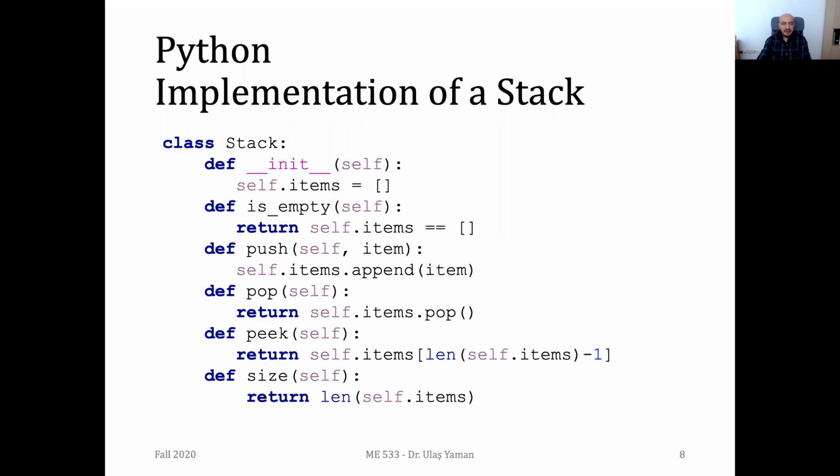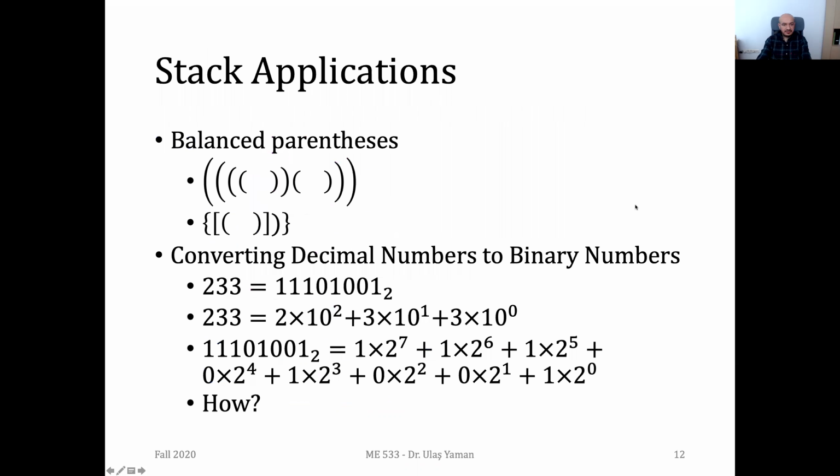Okay, so we're going to use these stack data structures. First of all, this is a balanced parentheses expression. As you see, there are many parentheses, but they are all balanced. And you can check whether the given expression has balanced parentheses or not. So what do you do?